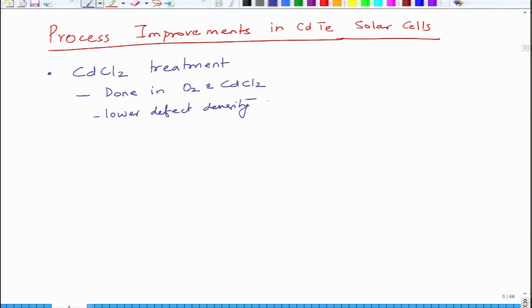So lower defect density via chlorine doping after CdCl2 treatment. It also promotes the p-type character. Okay. So when Cl goes in, it goes as Cl minus. If it goes to an interstitial site, let us say, then it gives rise to a hole. So it promotes the p-type character, and this also promotes the grain growth.